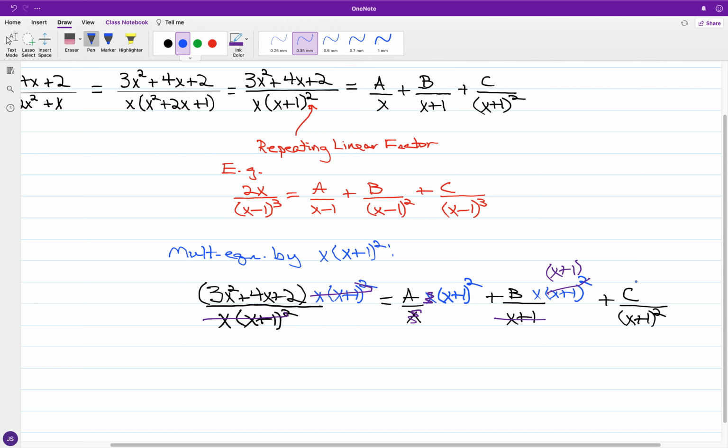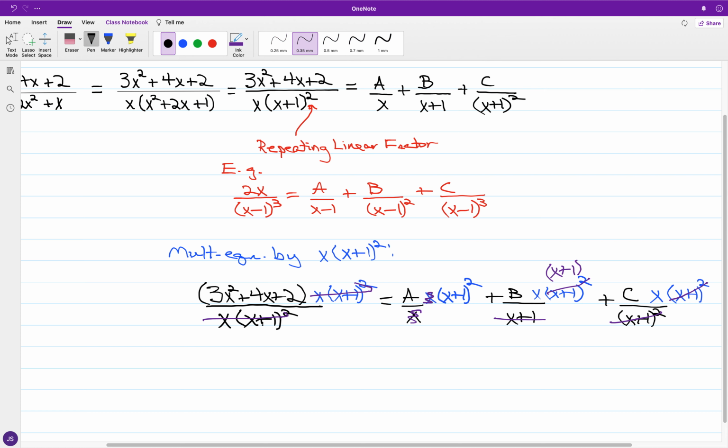And as for c over the square of x plus 1, the square of x plus 1 will completely go out, but you'll still have c multiplied by x.